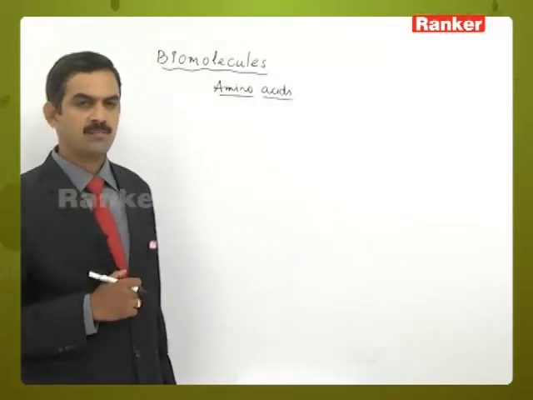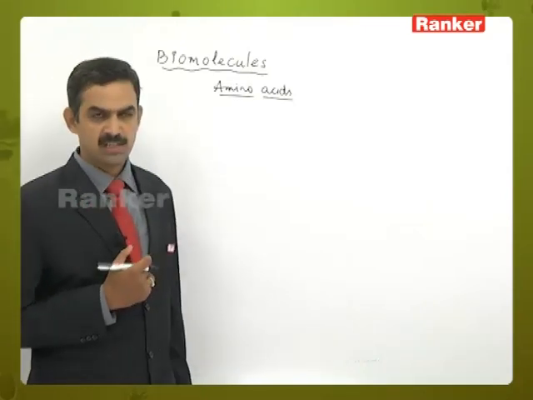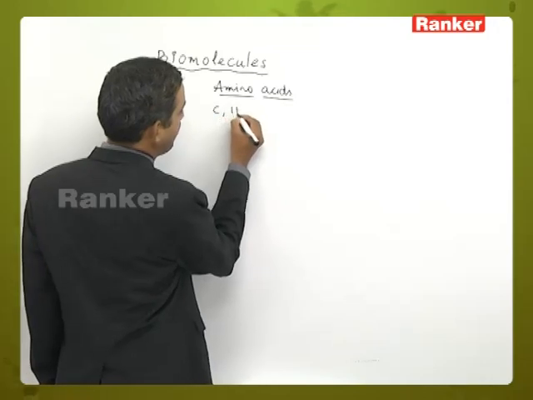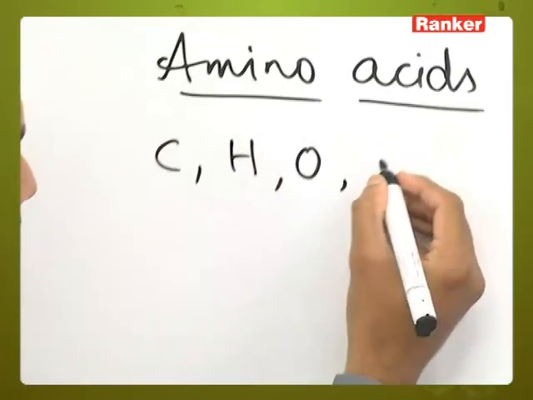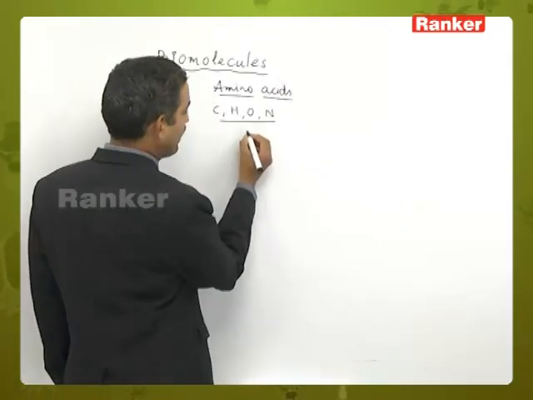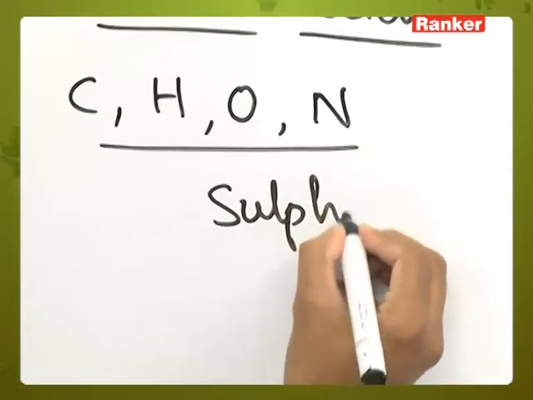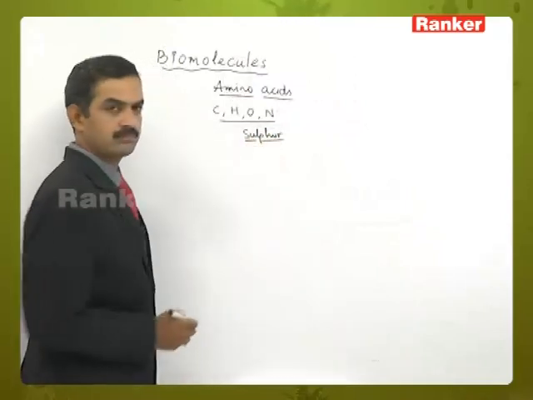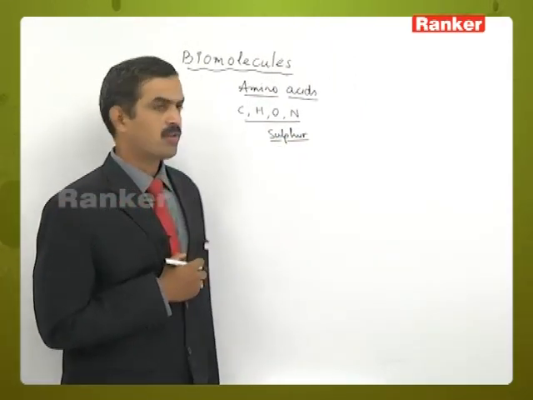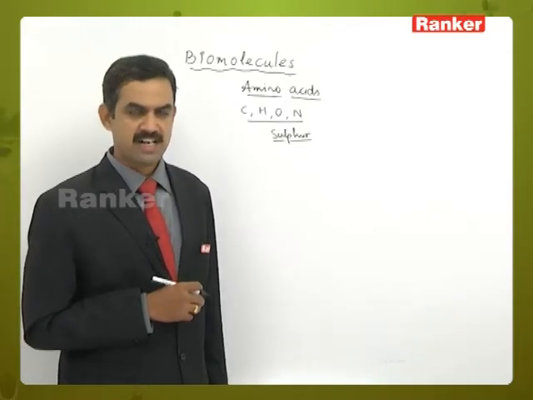Likewise, various types of amino acids are present. Basically, amino acids contain carbon, hydrogen, oxygen and nitrogen, but some also contain sulfur. The basic composition is made up of carbon, hydrogen, oxygen and nitrogen.